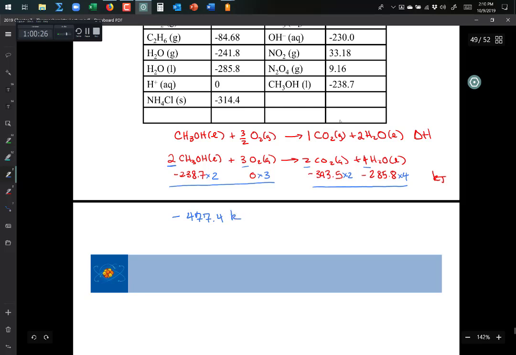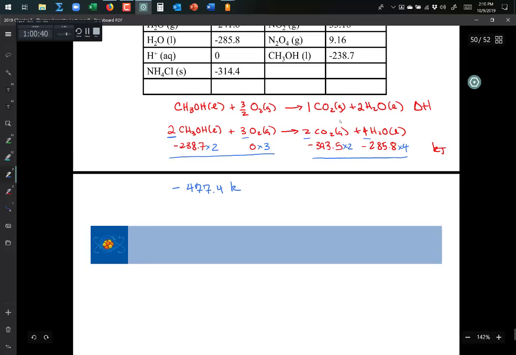In fact, I won't even write it. And the other side is negative 393.5 times 2 plus 285.8 times 4. I get negative 1930.2, and this is in kilojoules.